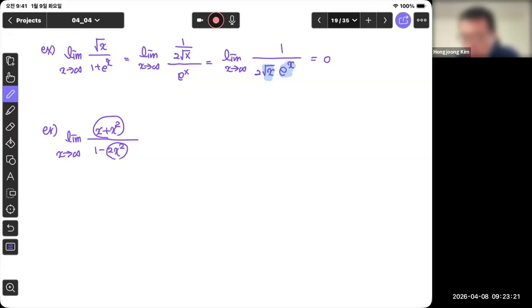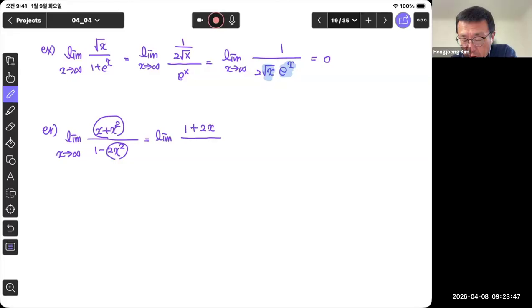That means you can differentiate the numerator and denominator separately. So if I differentiate the numerator, what do I get? When I differentiate x, you get 1. If I differentiate x squared, you get 2x. And when I differentiate the denominator, when I differentiate 1, you get 0.